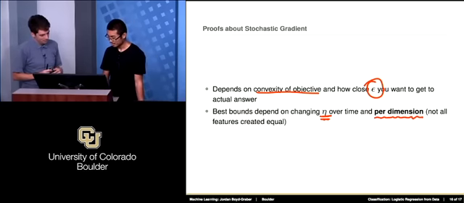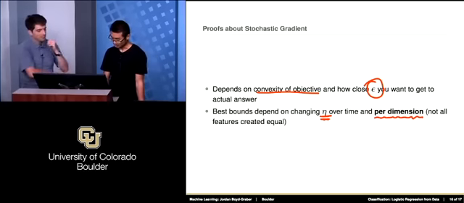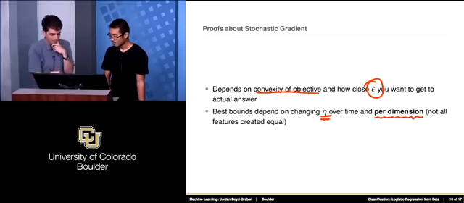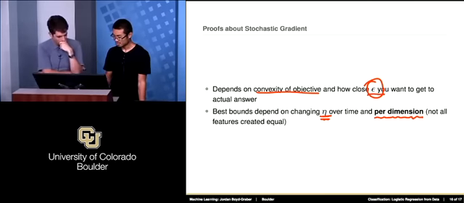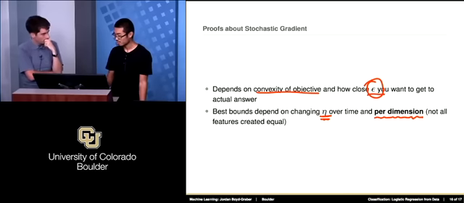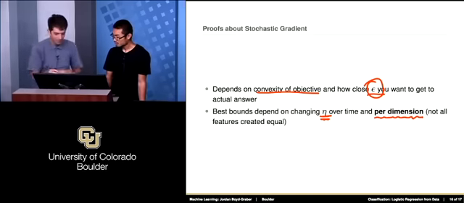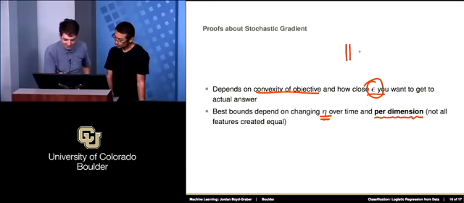You said how close, is that epsilon? Yeah, epsilon. Is that the difference between the true answer and your answer from the algorithm? Yeah, exactly. We can say the beta that you found and beta optimal.